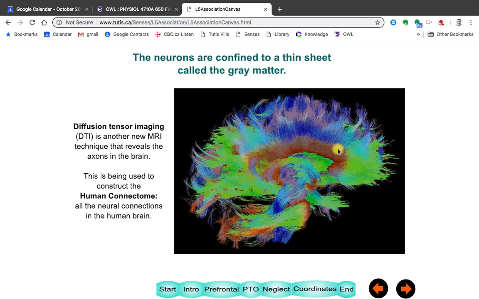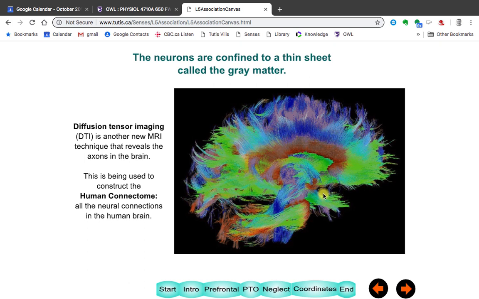And this is an image done of all these wirings. So these are all pictures of the axons themselves going from place to place. And you can see how many connections there are in the brain, how connected it is.